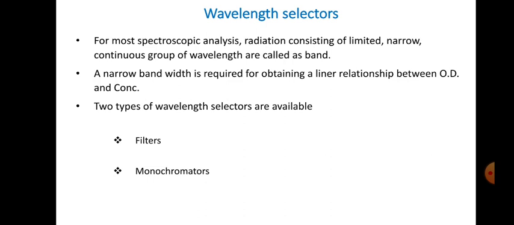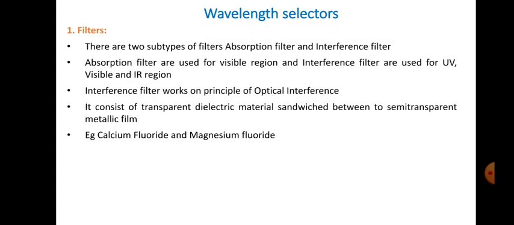So basically there are two types of wavelength selectors, one is a filter and the other one is a monochromator. So we will see what these filters are. There are again two subtypes of these filters. As the name indicates, they filter out the unwanted radiation and allow only the required or desirable radiations.